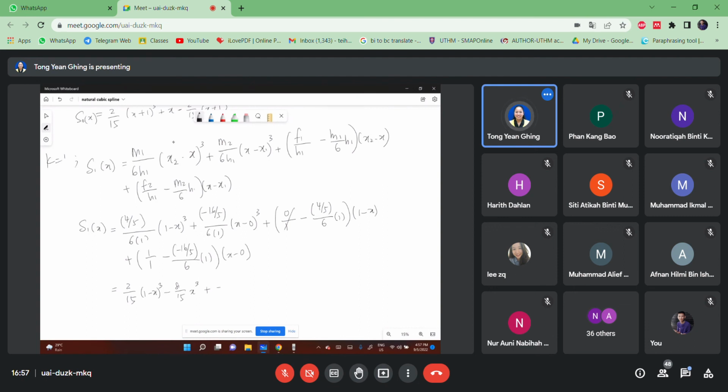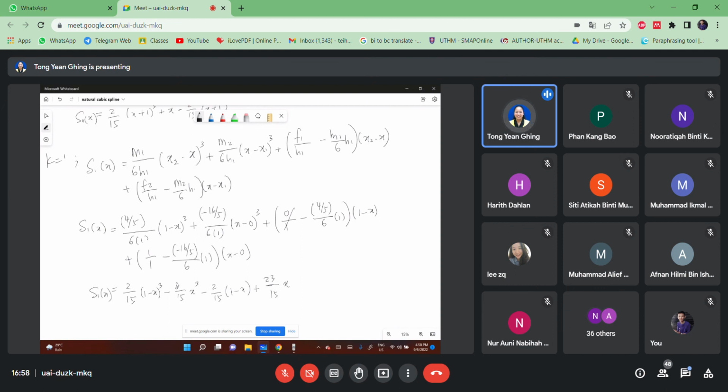This one is negative 2 over 15, 1 minus x, plus 1 minus 8 over 15, which is 23 over 15. Correct. Write it back: 23 over 15 x. Okay, so this is S1 of x.